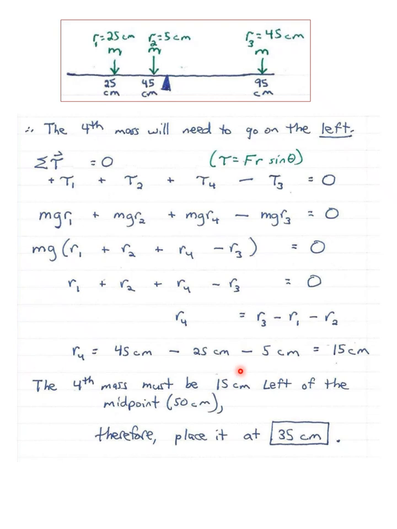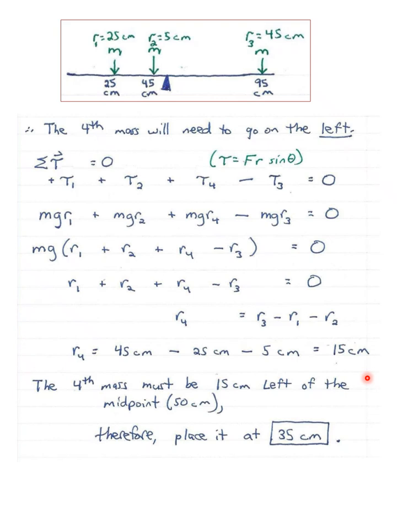Plug in those values. Again, we're using the R values, the lever arms, not their positions on the meter stick. So it's the numbers I've written up there in the green. So 45 centimeters minus 25 minus 5, and we get 15 centimeters. Now, what that means is that that's the lever arm of the fourth mass. The fourth mass must be 15 centimeters.